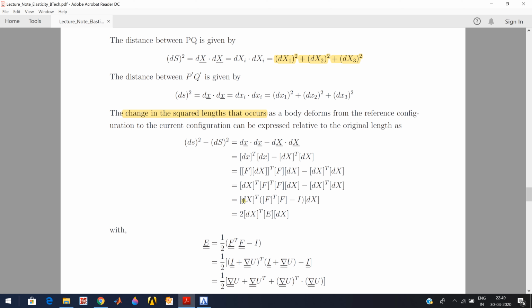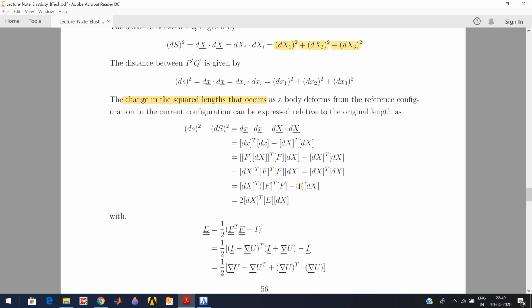So finally if we rearrange, you will get dX transpose, F transpose F minus I within the bracket, times dX. This bracketed term I denote as capital E, which is, remember, a 3 by 3 matrix, and this 2 we have placed to relate this definition to the engineering strain definition.